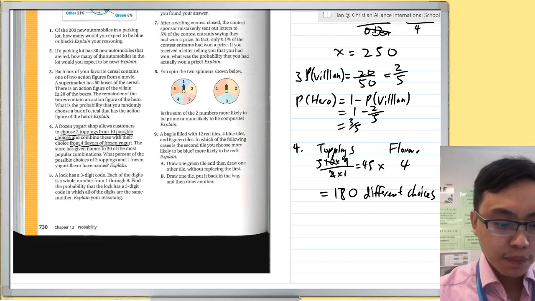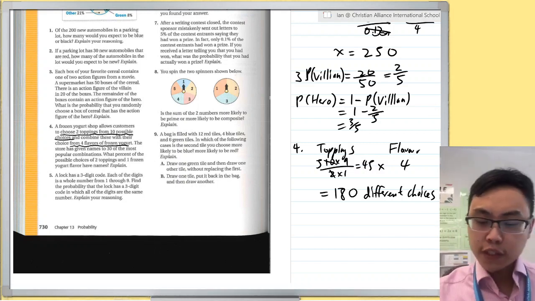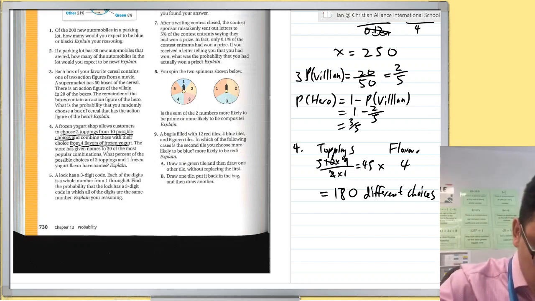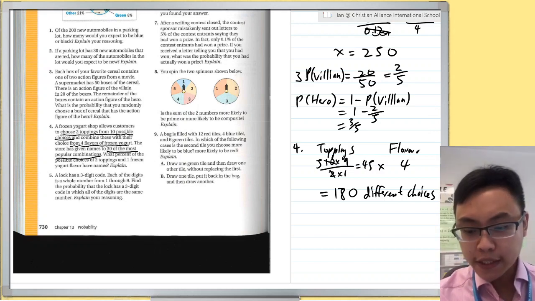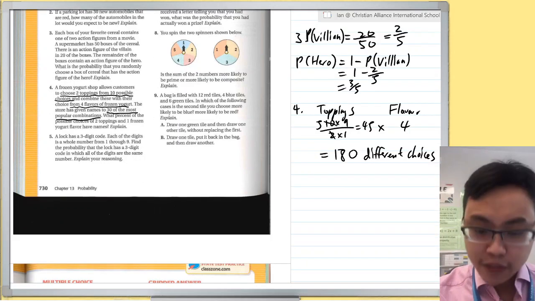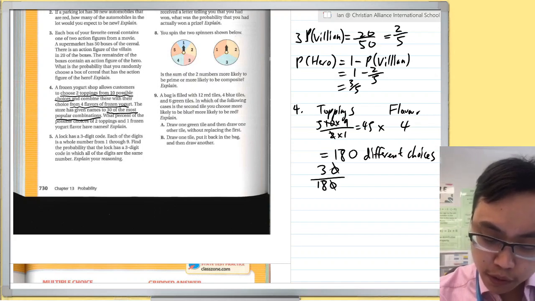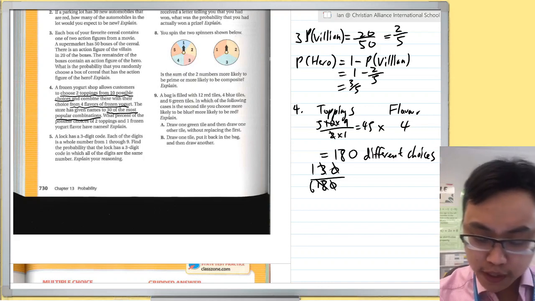Now we want to find a percent: what percent of these 180 different choices have names? Well, only 30 of the most popular combinations have names. So 30 out of 180 different choices have names. The 0 and the 0 cancel out, divide top and bottom by 3, that becomes 1 out of 6.